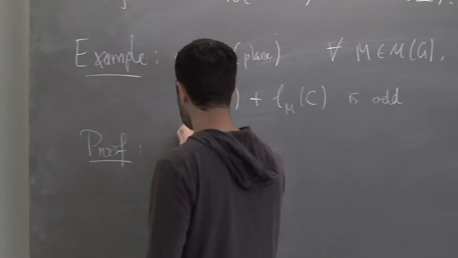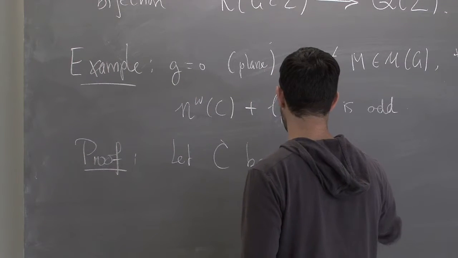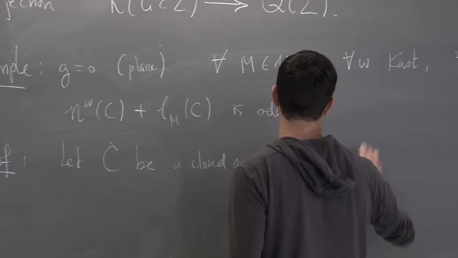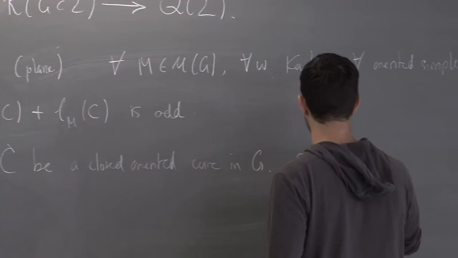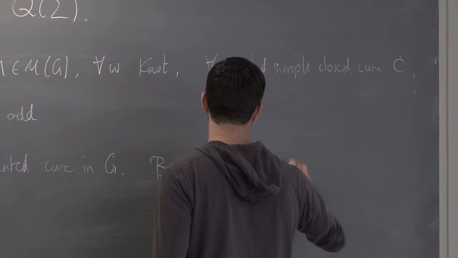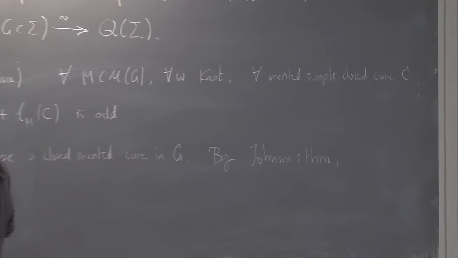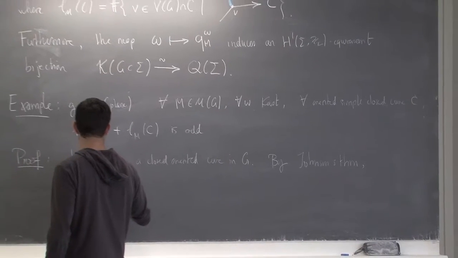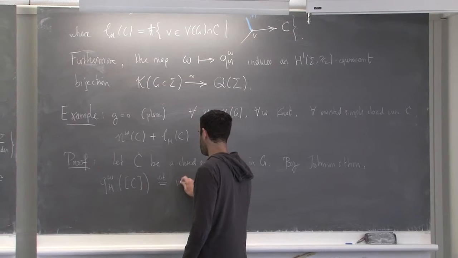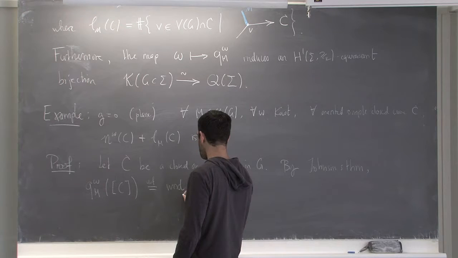So let C be a closed oriented curve in G. By Johnson's theorem, the very definition of Q omega m of C was the winding of the curve with respect to the vector field.